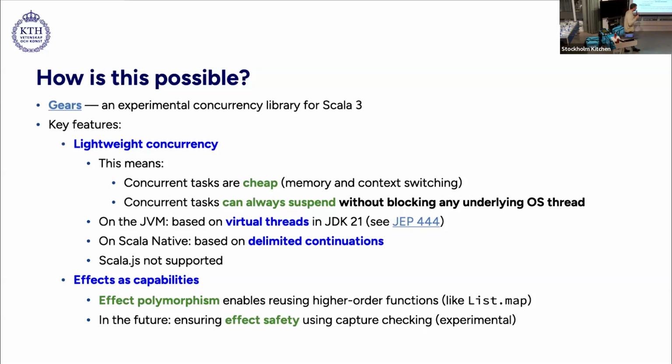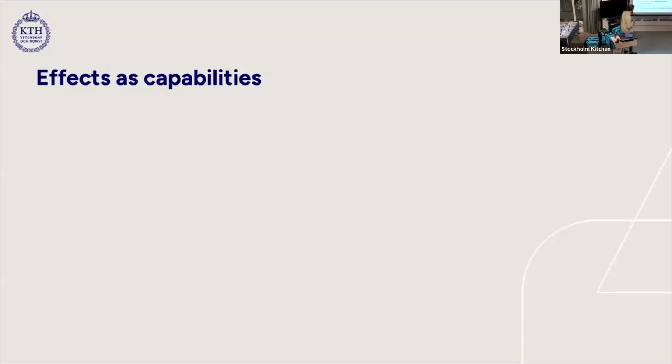If you have an effect such as throwing an exception, then in effect safety the compiler would check that there is a try-catch which will definitely handle this exception. It means that whatever effect you do, it will be handled. This will also be possible using an experimental feature called capture checking. Again, I will talk more about these things.